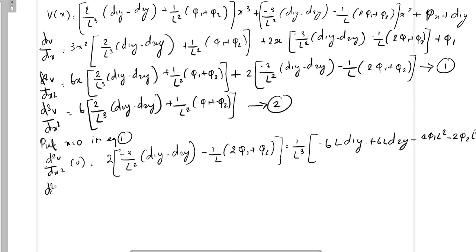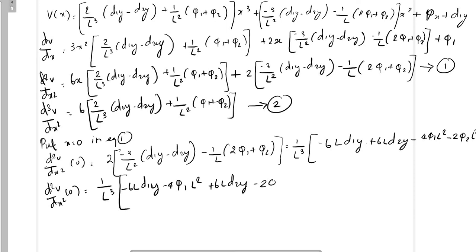So d²v/dx² at 0 is equal to 1/L³. We have to arrange this equation in the order of d1y, Φ1, d2y, Φ2. So −6L d1y − 4Φ1 L² + 6L d2y − 2Φ2 L².